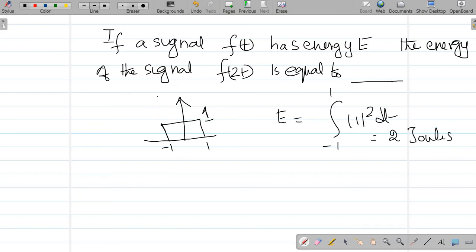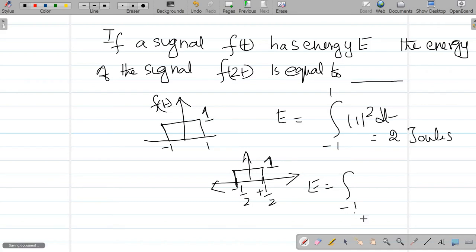Now this is f of t, so for f of 2t, I have to just divide each value on the time axis by half. So my signal is going to become like this. Now the energy for this, if I evaluate, this is f of 2t.